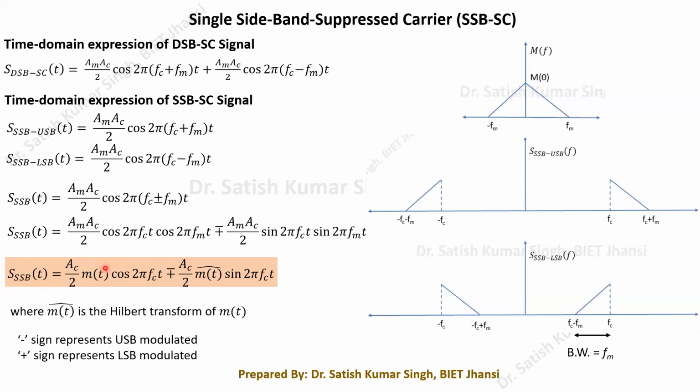Similar to the way we did in the case of AM, by just following the modulation property, we would be able to get the Fourier transform of this equation also.